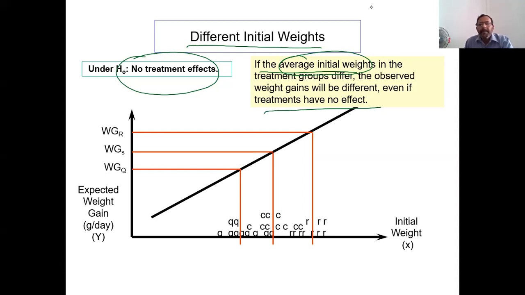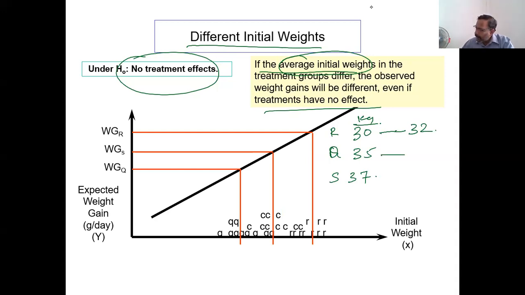right? So for example, one cow is 30 kilograms, another cow is 35 kilograms as an example. So here I am applying treatment R, this is treatment Q, this is treatment standard. This is with 37 kilograms. So here the increase is, let's say, 32.